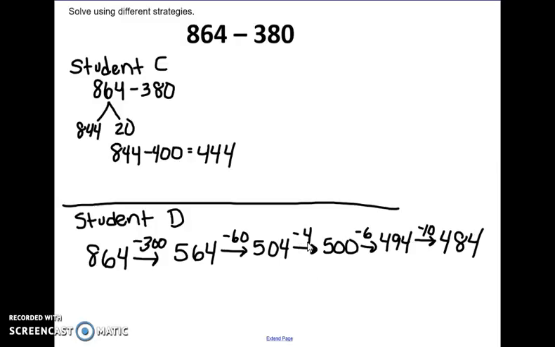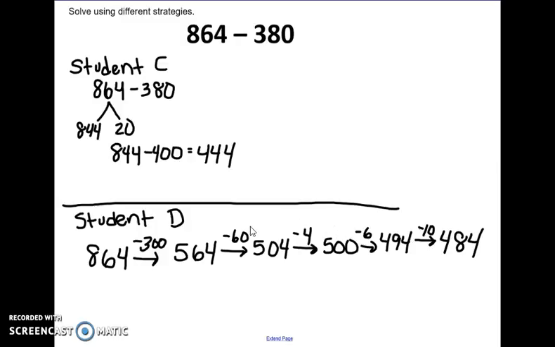Then he continued to get down to his next 100 by subtracting 4 more to give him 500. Now he subtracted another 6. This way, the 4 and the 6 together gave him a 10.